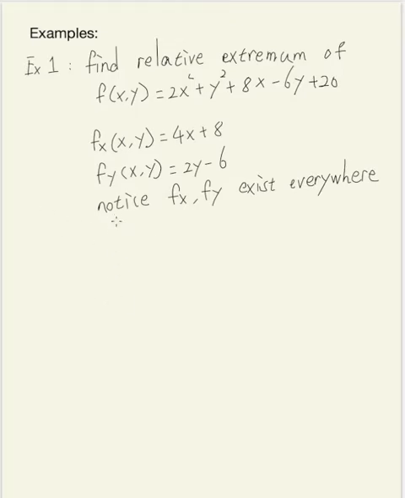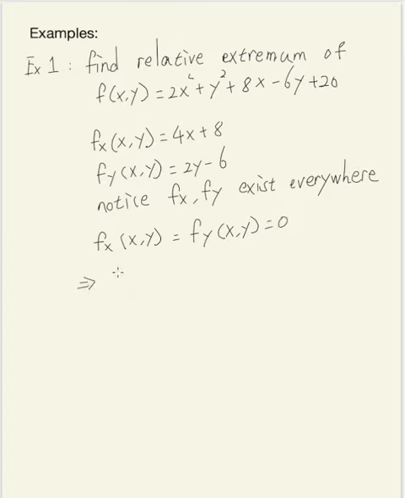Now, apply the first partial test. We know that if, say, x naught, y naught is a maximum or minimum, then f partial x and f partial y have to both be 0. So we set f partial x equals f partial y equals 0.